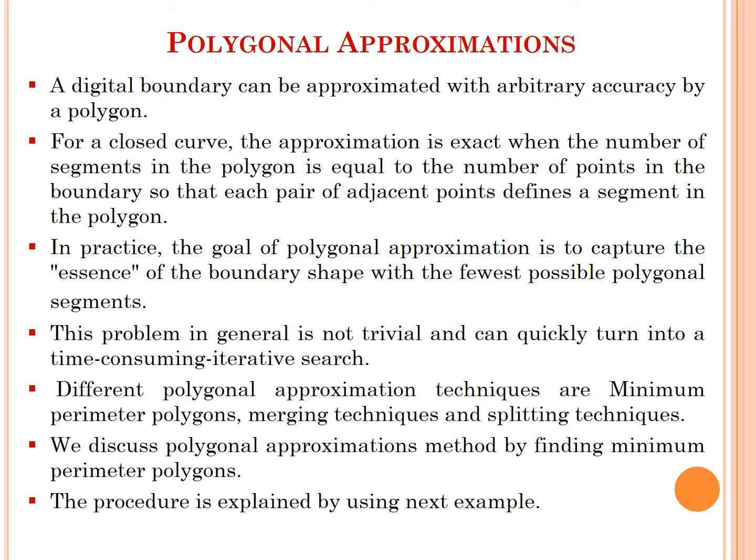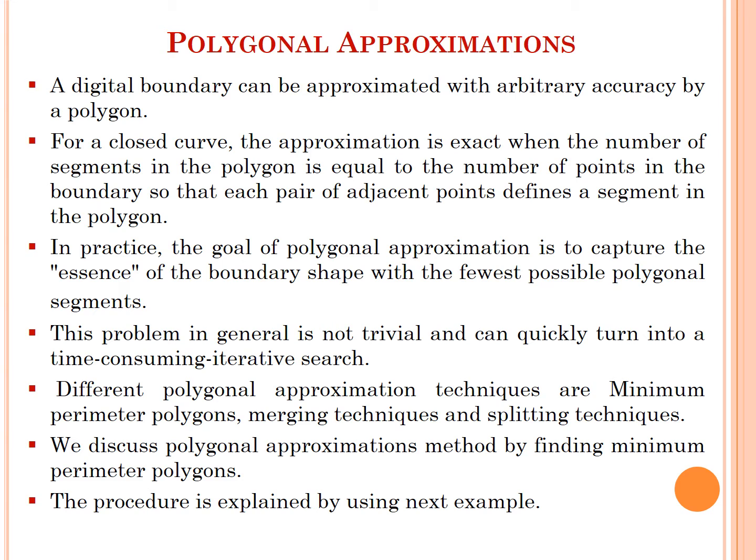Polygonal approximation. The digital boundary can be approximated with arbitrary accuracy by a polygon. For a closed curve, the approximation is exact when the number of segments in the polygon is equal to the number of points in the boundary, so that each pair of adjacent points defines a segment in the polygon.